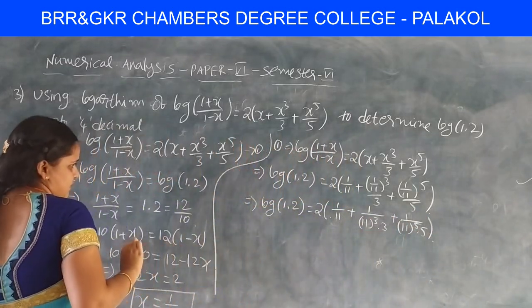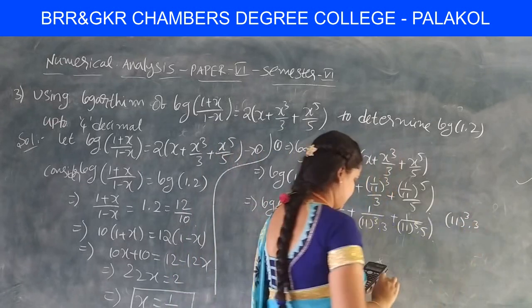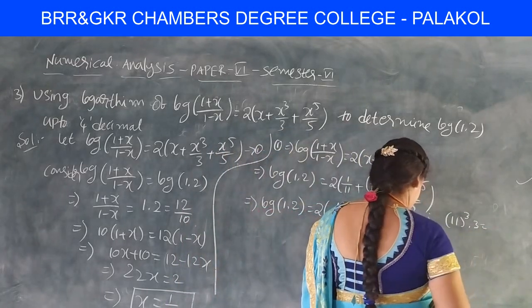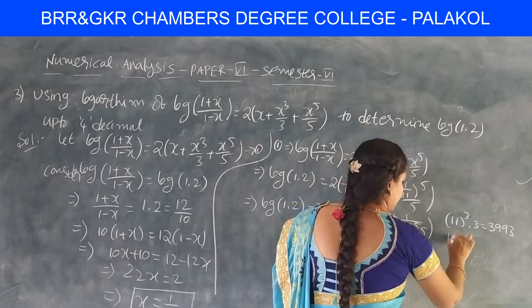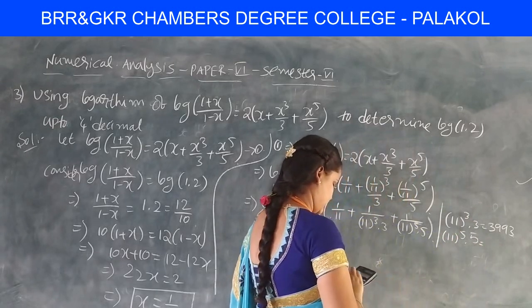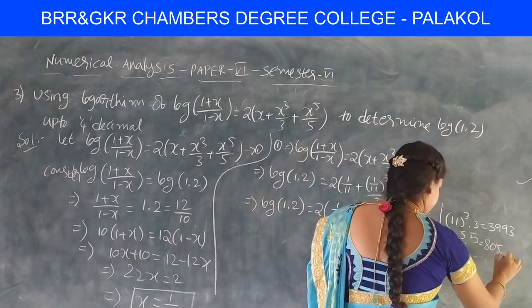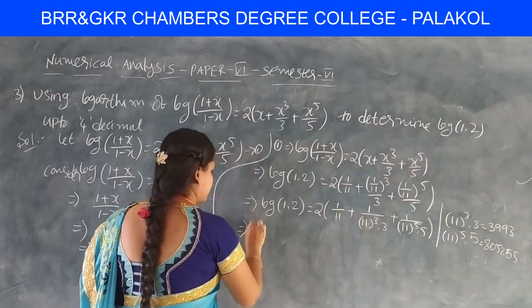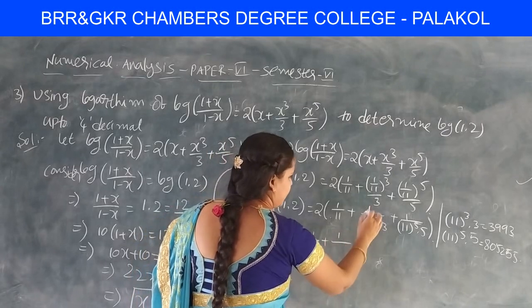First we solve these. 11 cube into 3 is 3993, and also 11 whole to the power of 5 into 5 is the value 805255.